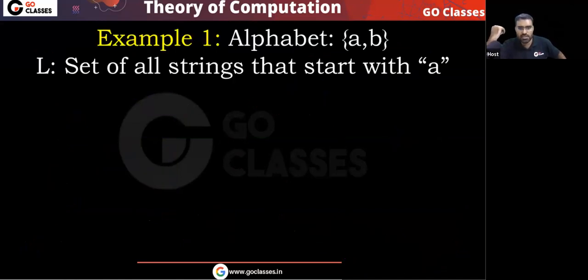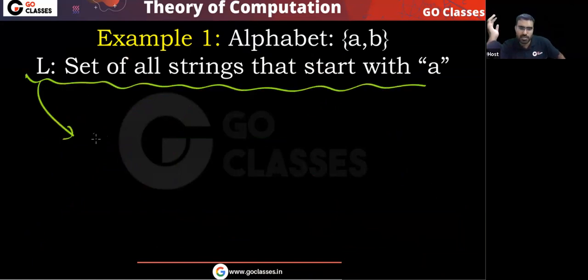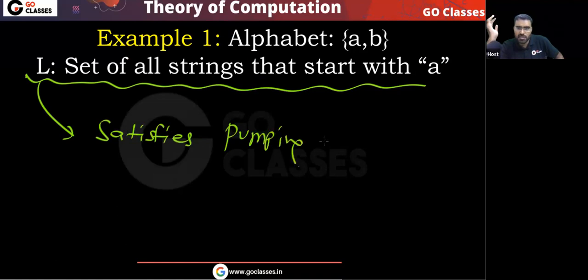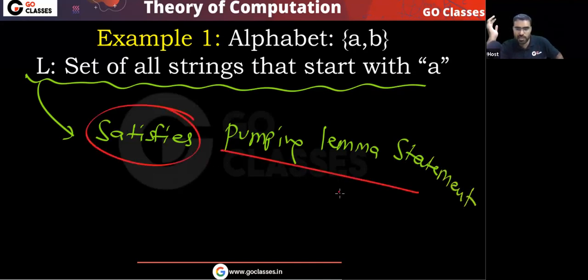So this is your language. We have done the complete analysis of this language. In this language, we have seen everything related to the pumping lemma. I hope you understood so far. Don't worry, we will take more examples. So far, did you understand which are the magical numbers? First of all, this language satisfies the pumping lemma statement.